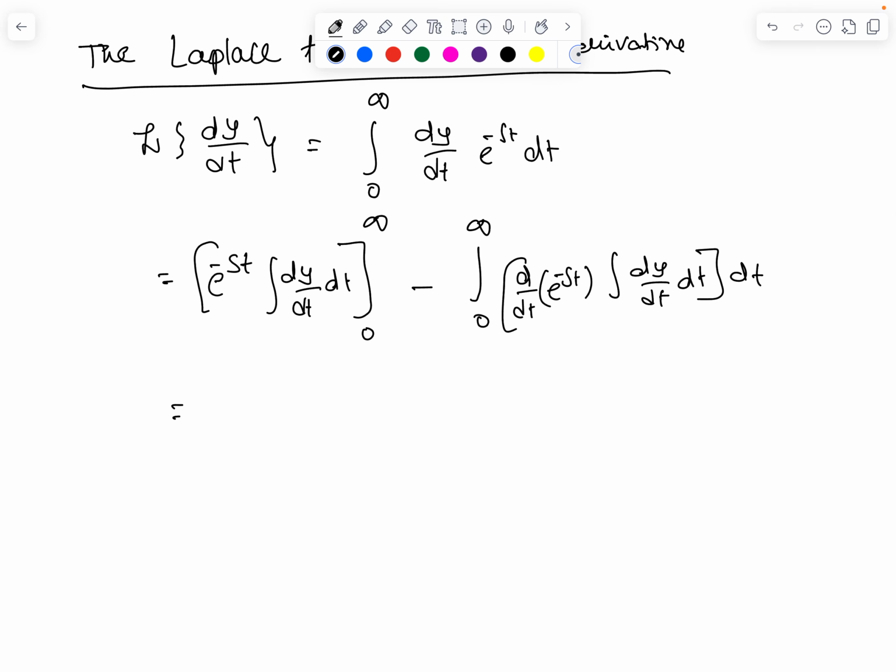If you simplify, this is e power minus s into infinity, y at infinity, minus e power minus s at 0, y at 0, minus the integral from 0 to infinity of minus s y dt.